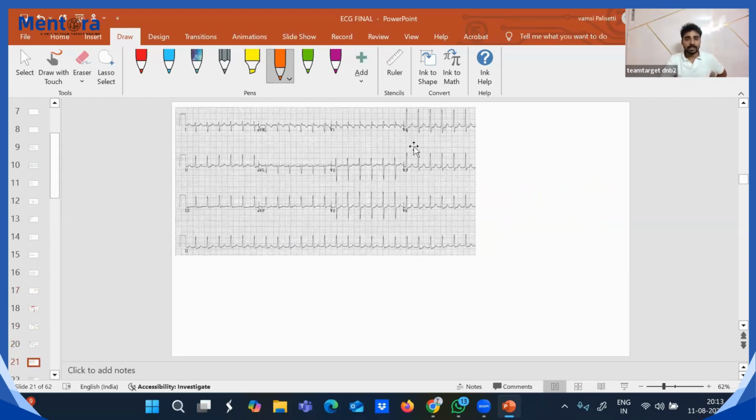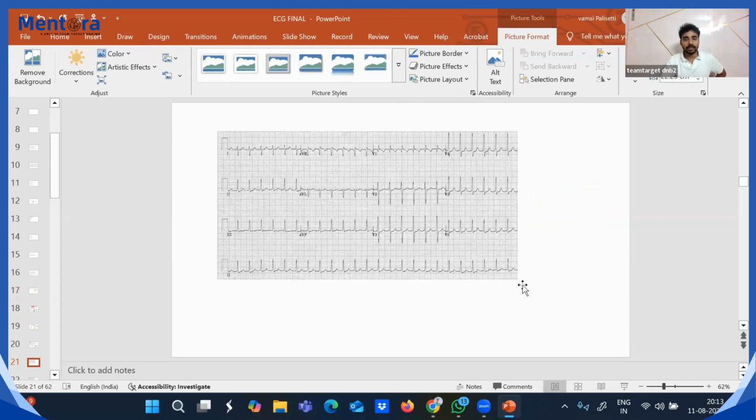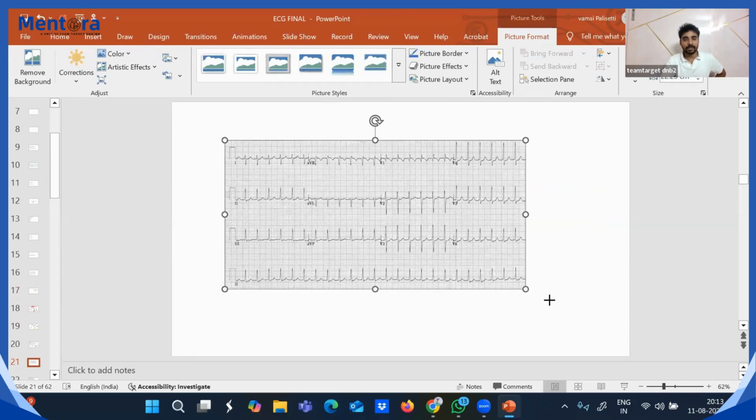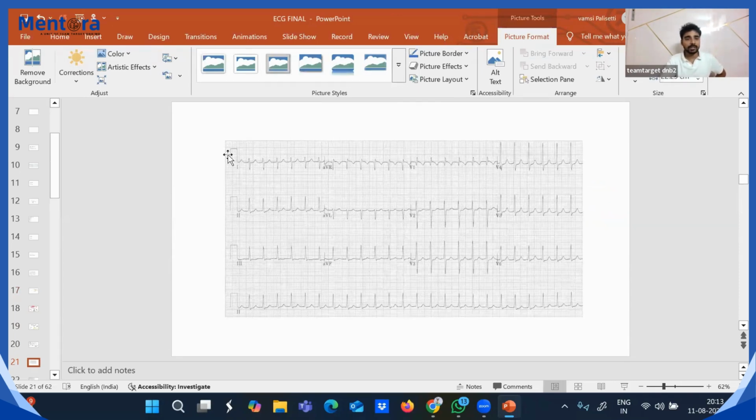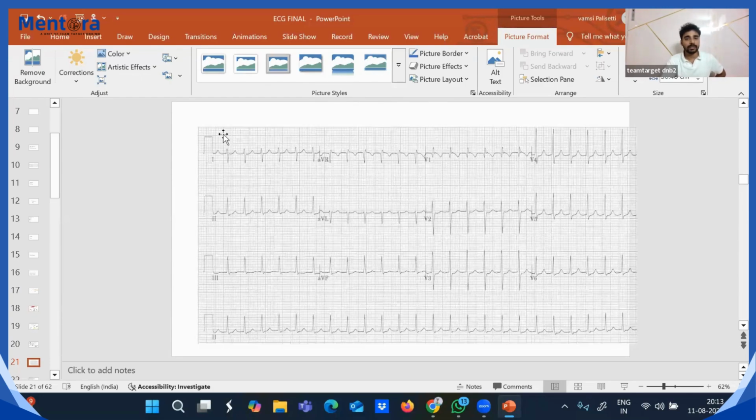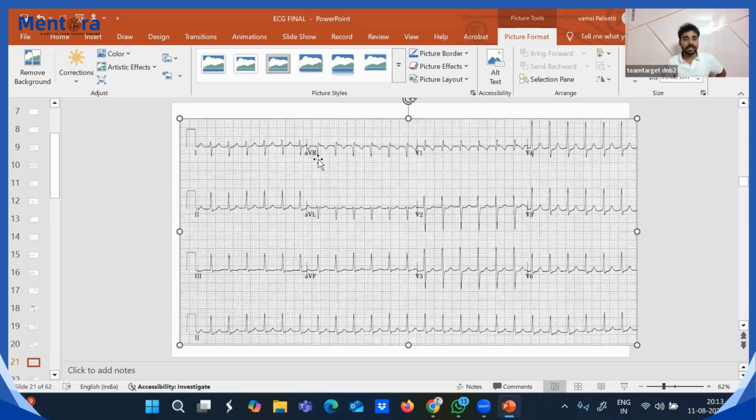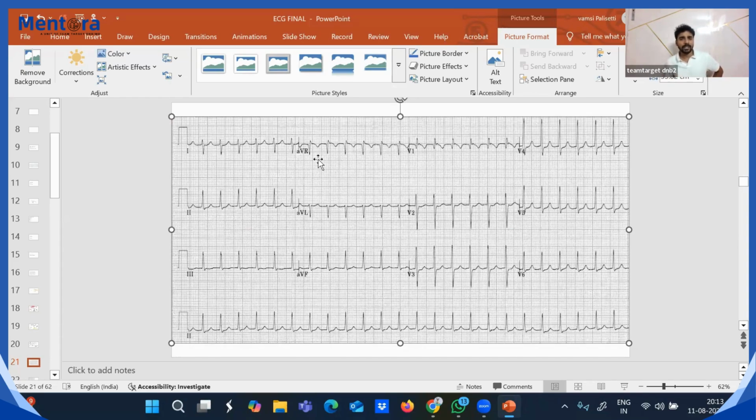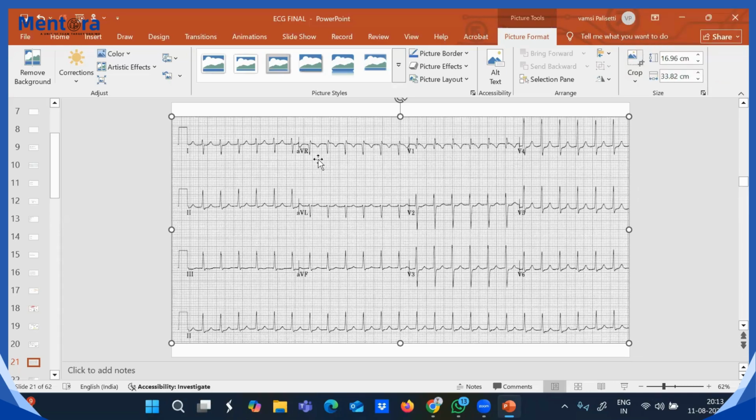After knowing this basic, just identify this ECG. What is this ECG? I'll just zoom. Okay, able to see this? So identify the ECG. Go stepwise. The first thing is whether it's a tachyarrhythmia or not. It's a tachyarrhythmia, right? Then you see regular or irregular. Second thing, narrow complex or wide complex?